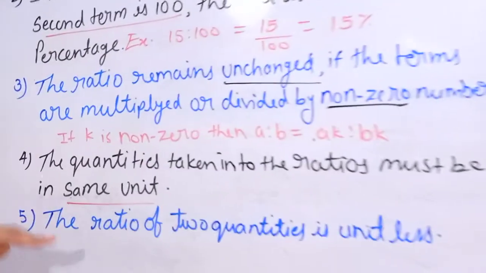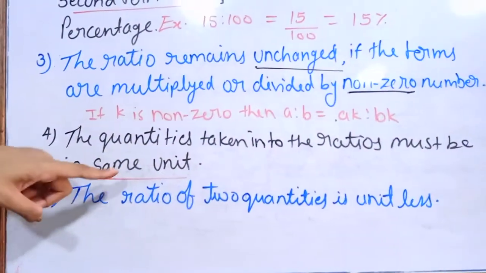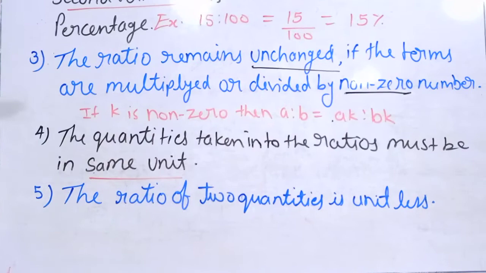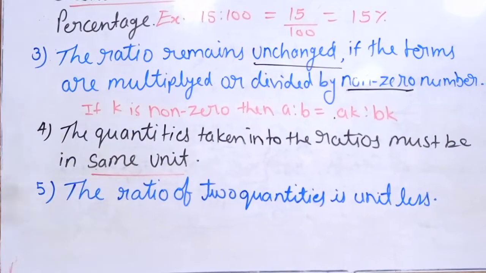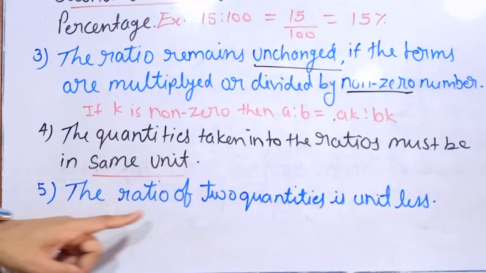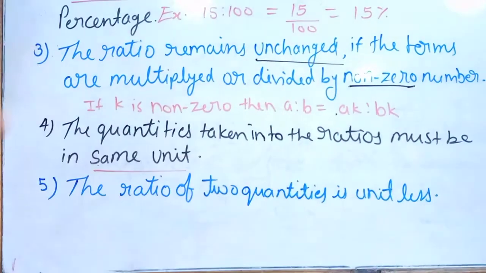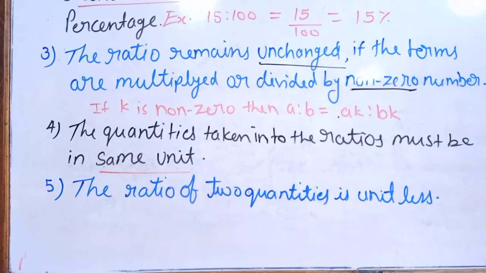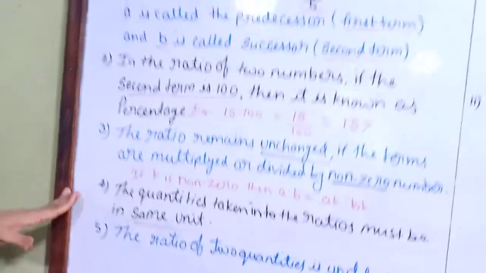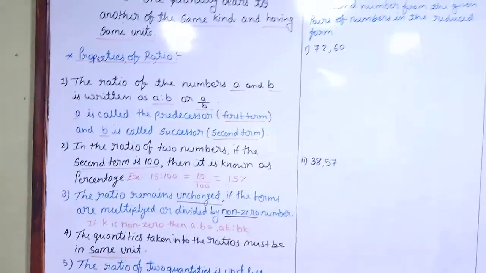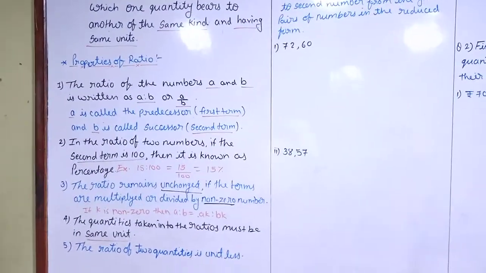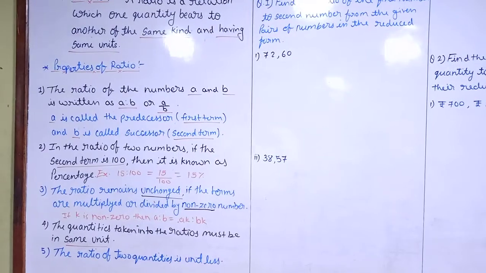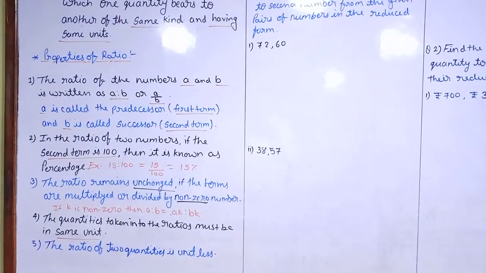Because the ratio is the reduced form of the given numbers, and we made the units the same, so the answer should not carry that unit. So the ratio of two quantities is unitless. These are the properties we have to follow and apply whenever we find the ratio of the given quantities or sums.